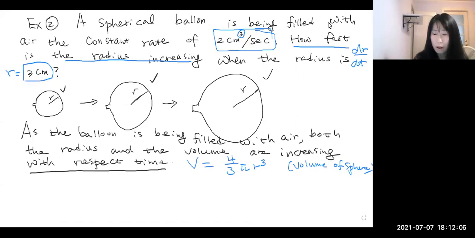So our goal is dr over dt. Now, how do you find this one? So we will take the derivative. Okay. So let me write down, this is dV over dt. All right. So we take the derivative of this one.